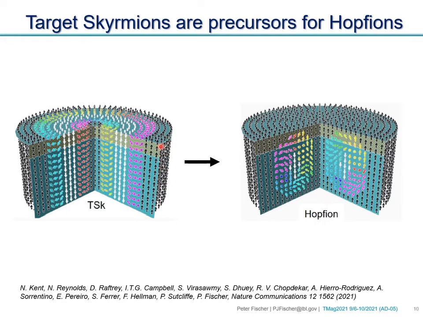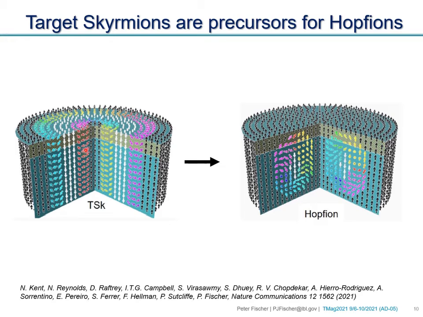Now this is the huge difference to the Hopfion, as you can see here. Here you have this twisted torus structure in the center, and there's a clear, very pronounced difference for the first couple of layers up here, the first couple of nanometers of the spin texture, between the Hopfion and the target skyrmion.